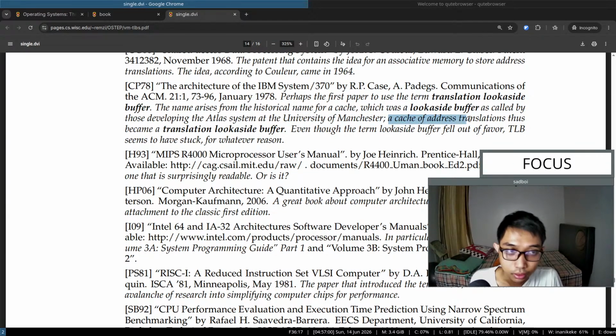A cache of address translation thus became a translation lookaside buffer. Even though the term lookaside buffer fell out of favor, TLB seemed to have stuck for whatever reason. Okay, so back then we called a cache a lookaside buffer.